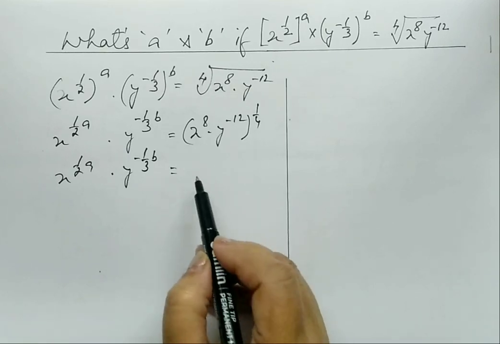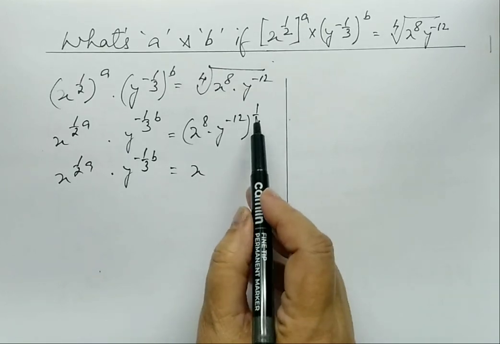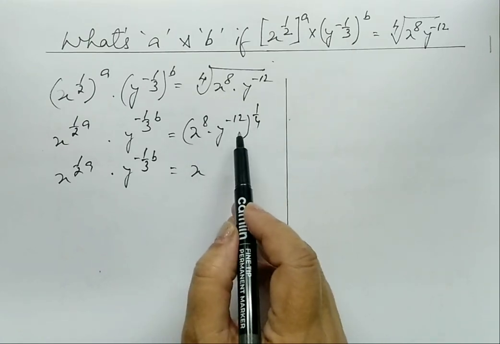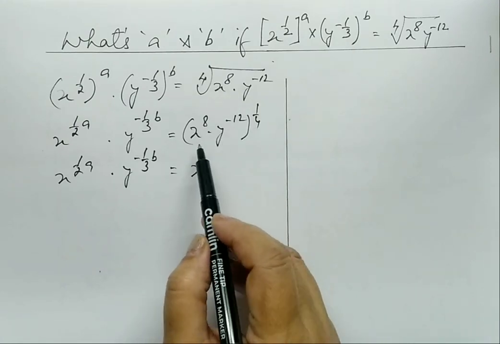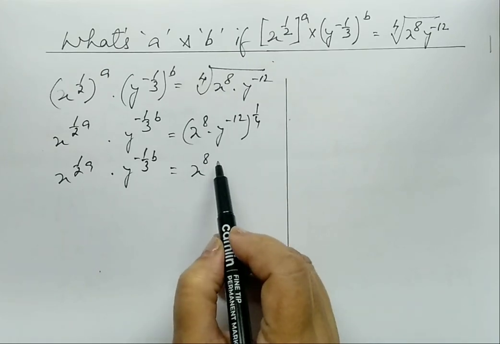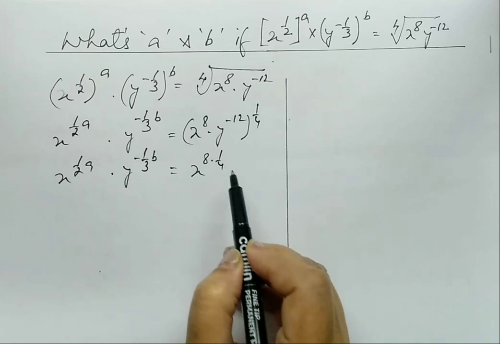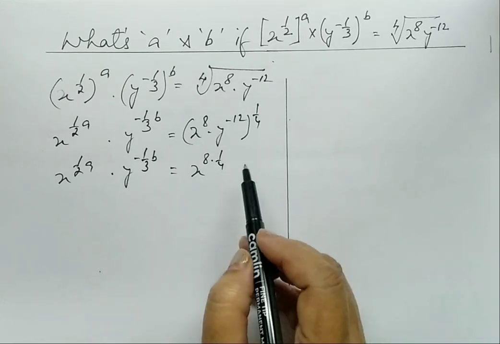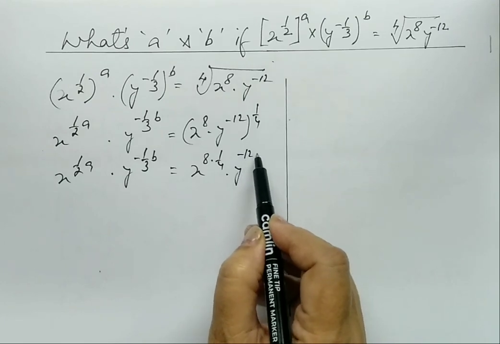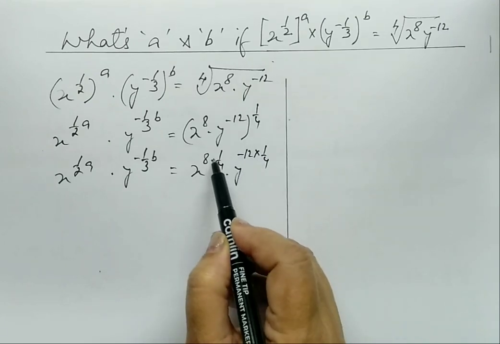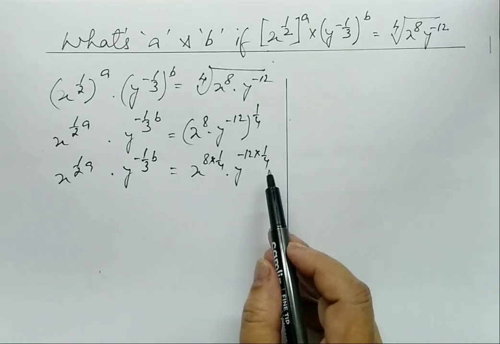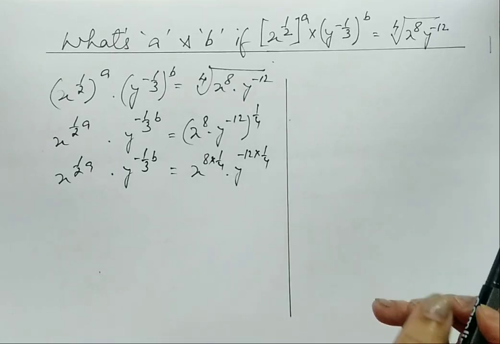Since this is a combined power to both of them, x and y, can we separately provide them the powers? We can, isn't it? Minus 12 again multiplied by, let me write it very clearly so that you do not have any doubt over them. Correct?